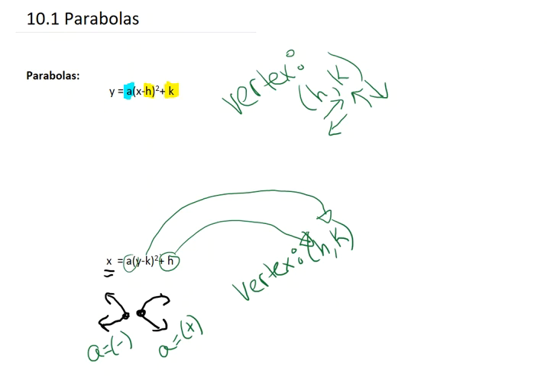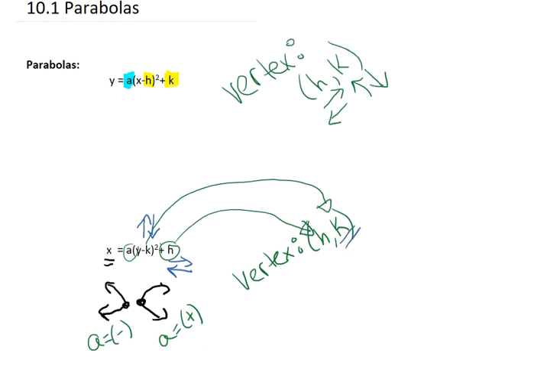Because h and k are switched, h still refers to left or right because it's the x value, and k will refer to the graph shifting up or down because it still refers to the y value. We always saw that in parabolas, there is a vertical axis of symmetry.